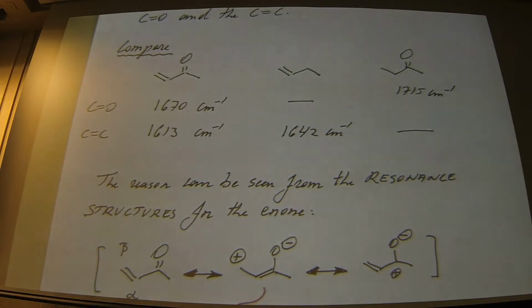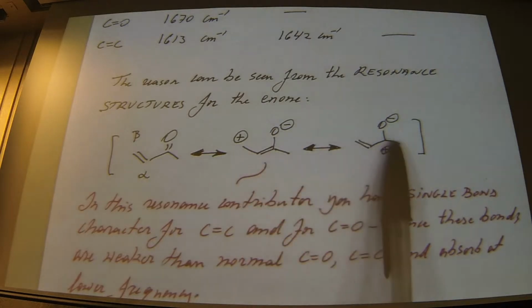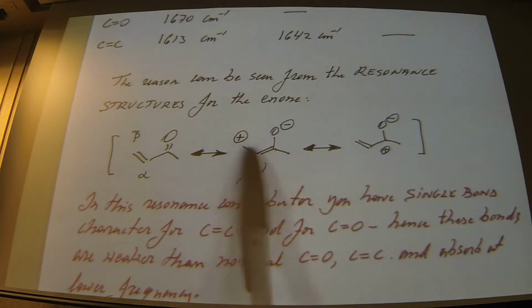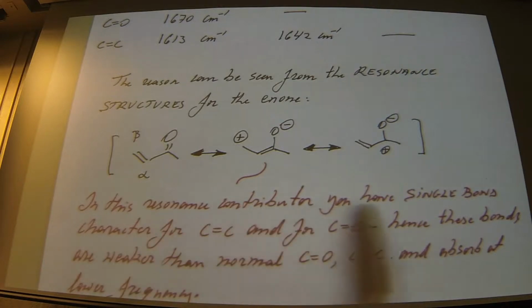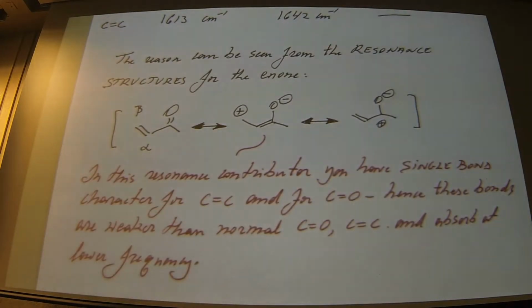Well, if you draw the resonance structures, you can see why that should be, because you have these two resonance structures where there's no carbonyl group here and where there's no double bond there. So in this resonance contributor, you have single bond character for both the C=C and the C=O.